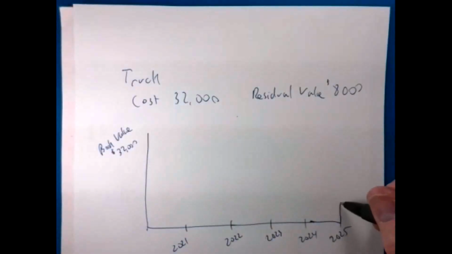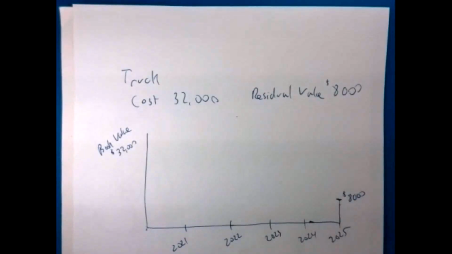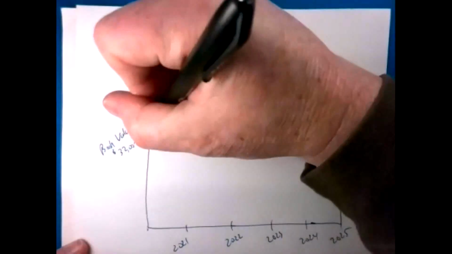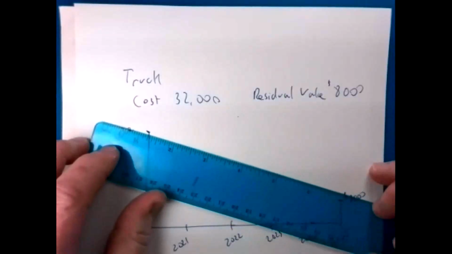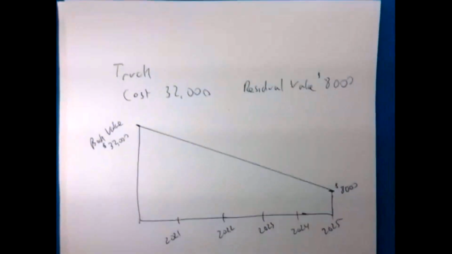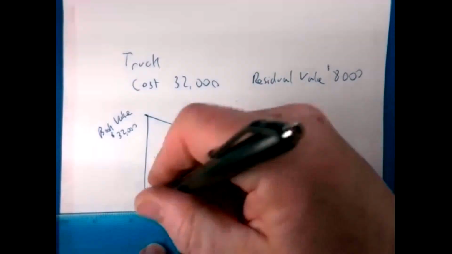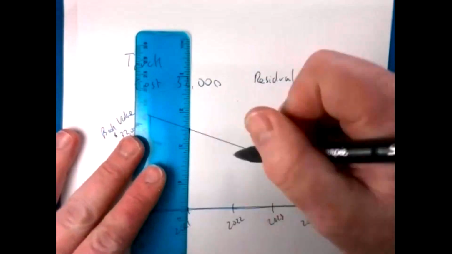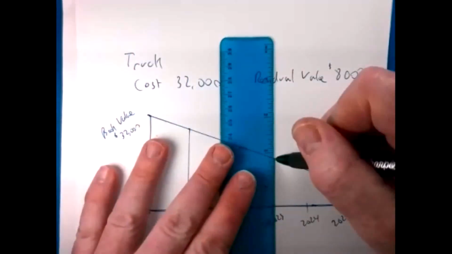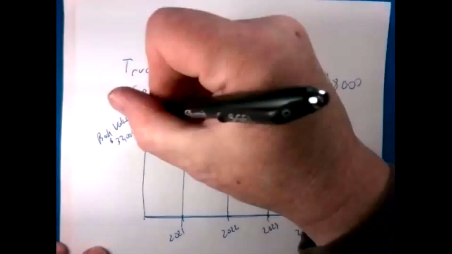At the end of its life, it's going to be worth 8,000. So it's going to go from 32,000 down to here, and each year is going to be worth a little bit less.